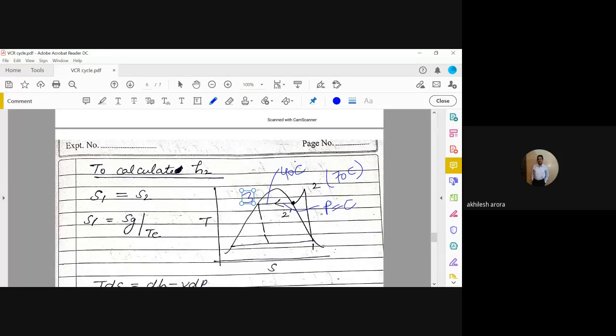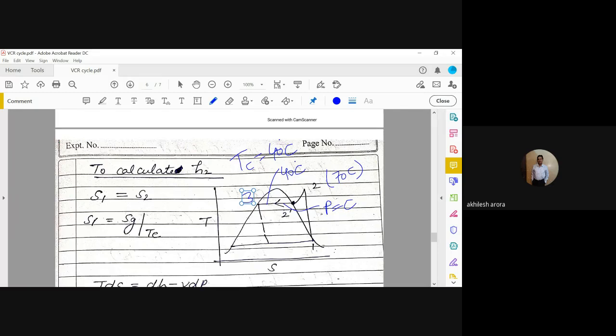But the temperature is varying from 2 to 2 dash because the refrigerant is losing heat. At 2 dash, the temperature is 40 degrees Celsius. At 3 also, it is 40 degrees Celsius. So condenser temperature is not 70. Condenser temperature is actually 40 degrees Celsius only. During 2 to 2 dash, it is the sensible heat loss, and this sensible heat loss is about 10 to 20% of the total heat loss from 2 to 3.